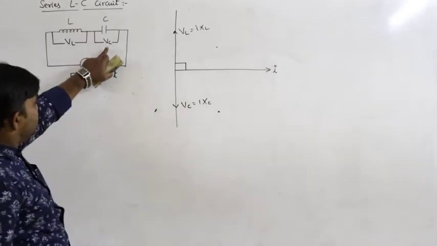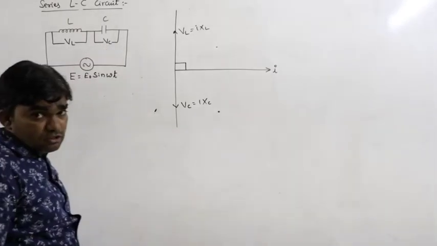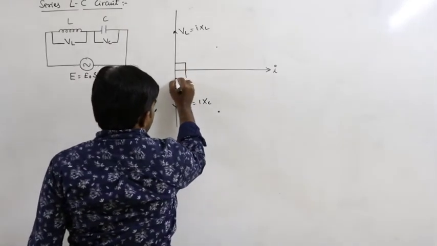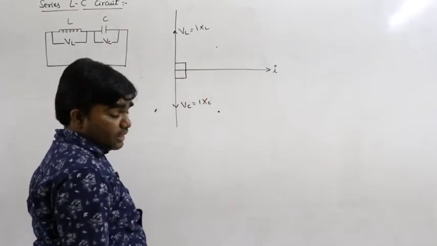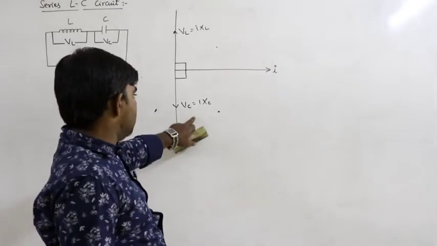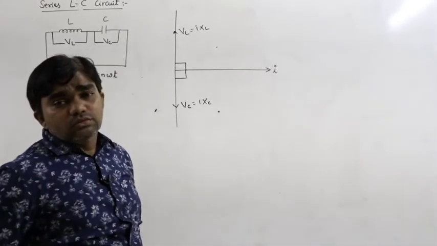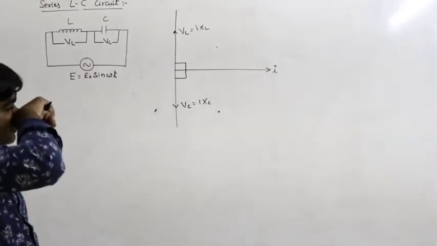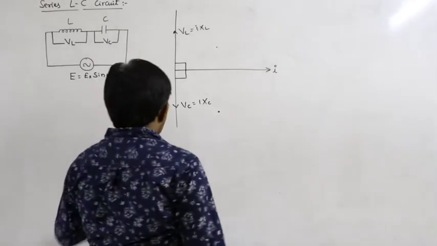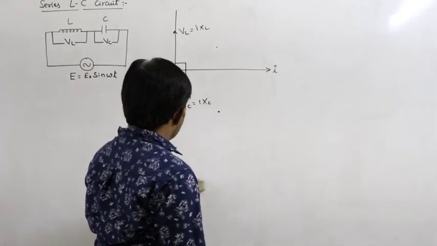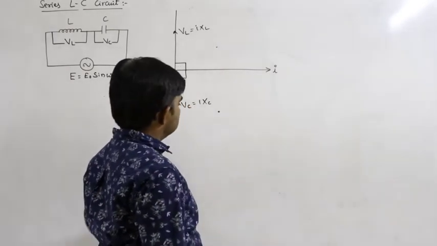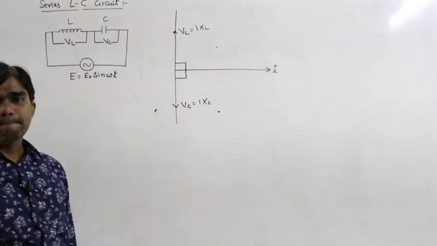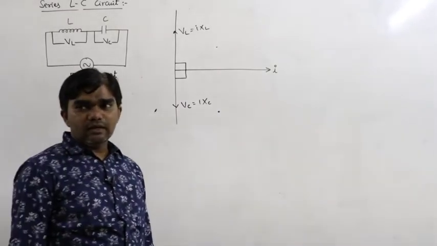Now in case of pure capacitive circuit, the current leads by an angle 90 degrees. That's why we can represent it like this. Now what can we do? VL equals I XL, VC equals I XC. So how can we calculate the net potential here?